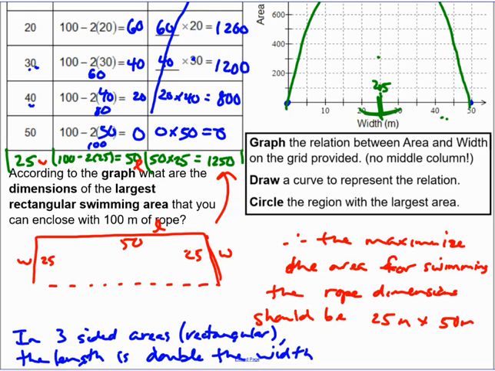Okay, so given that we know this now, we know that for four-sided rectangles, a square is the most efficient. And if we had a three-sided object, the best area would be if the length is double the width.